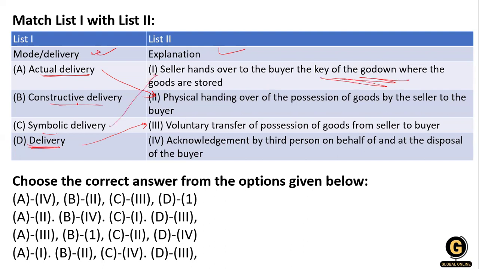After that, constructive delivery means an acknowledgement by a third party on behalf of, at the disposal of, the buyer. So actual is second, then fourth, then first and third. So option number second is correct.